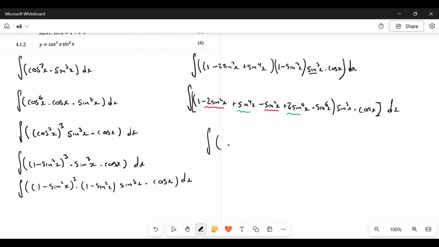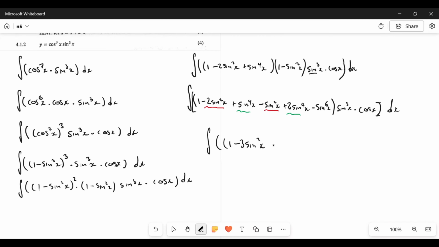If you continue, let me continue here. Sigma, open bracket, do this bracket like this. We have 1, so we're going to write 1 there. And we have negative 2 sine squared x and another negative sine squared x. They're going to give us negative 3 sine squared x. There we go. And then we have the following: positive sine to the power of 4x with another positive 2 sine to the power of 4x.